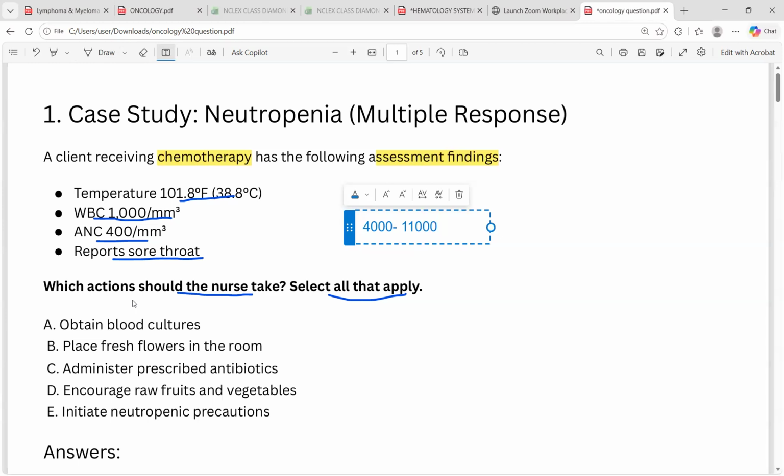The question is asking which action the nurse should take. It is a SATA question, which means we need to select more than one option as the correct answer. What is the correct answer here? Obtain blood culture: yes. Why?